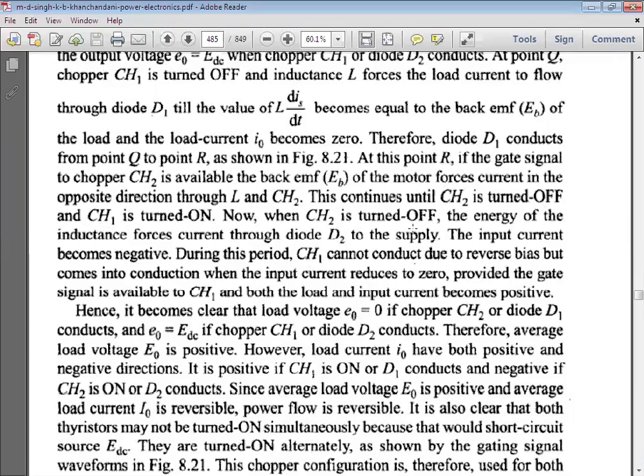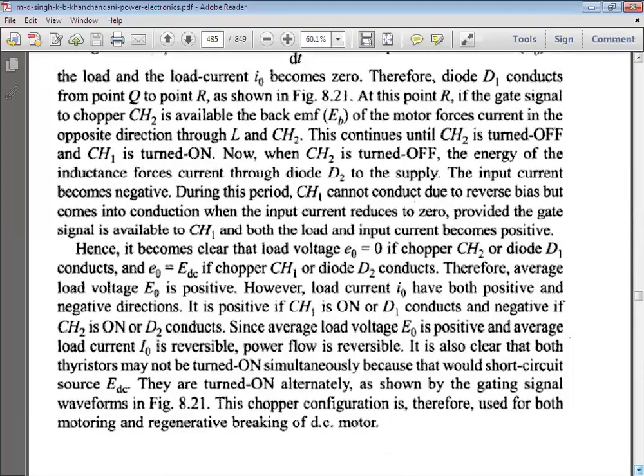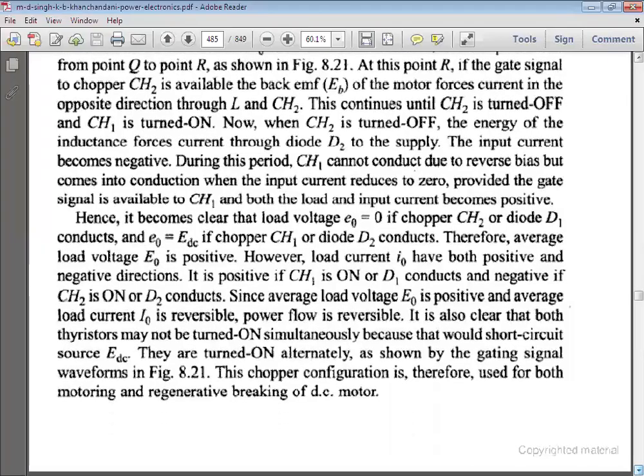So chopper 2 is now turned off. The energy of the inductance which we have discussed forces current through the diode D2 to the supply. The input current becomes negative. During this period, chopper 1 cannot conduct due to reverse bias, but comes into conduction when the input current reduces to 0, provided the gate signal is available for chopper 1, and both the load and the input current become positive.